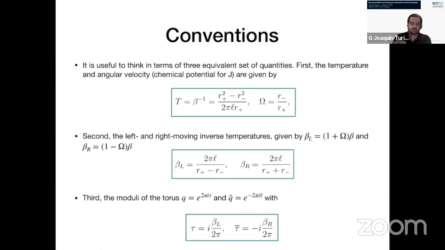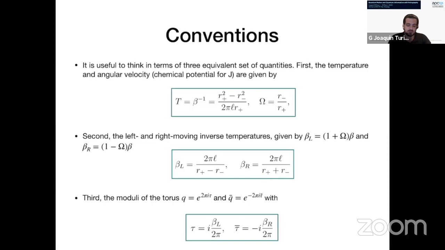Okay. And just to clarify what conventions I will be using, I might go between 3 different useful descriptions. One is in terms of the temperature of the black hole, or the angular velocity omega, that is the chemical potential for the angular momentum, which is this.